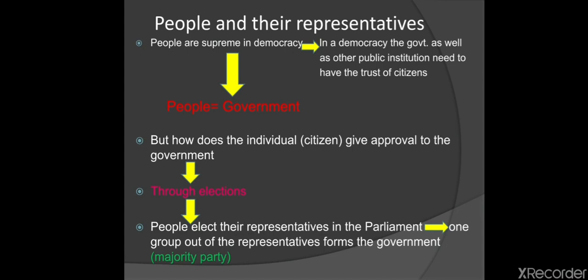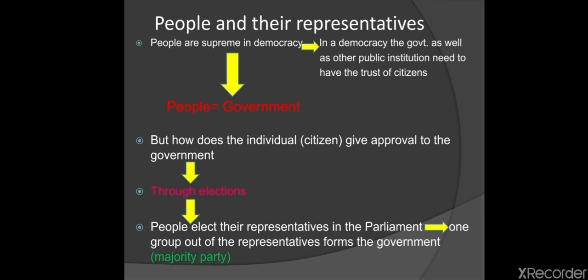So in this we have studied that people are supreme in democracy, and the government should have the trust of citizens. People are directly proportional to government. If no people are there, then no government is there. And individuals give approval to the government through elections.